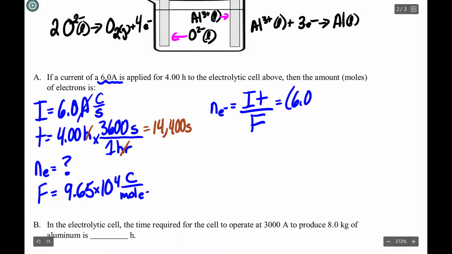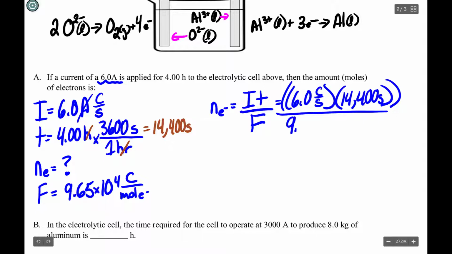I just need to substitute it into the equation. This is 6 coulombs per second. I have 14,400 seconds, I'm going to double bracket that. And then I'm going to divide that by Faraday's constant, 9.65 times 10 to the 4 coulombs per mole of electrons.